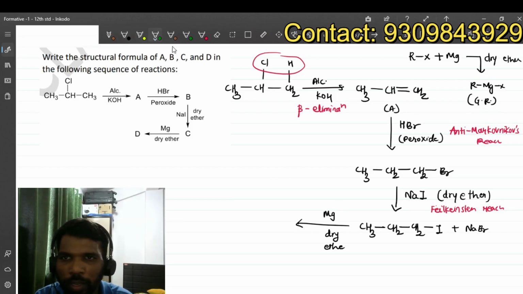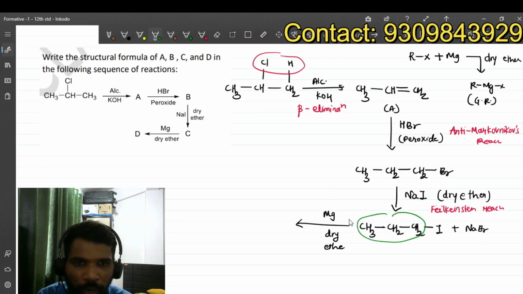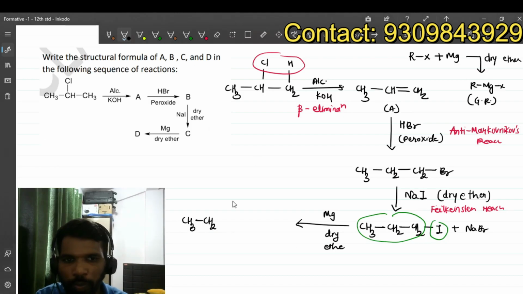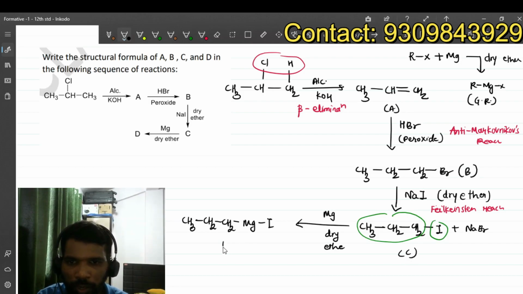This is the R part in the simplest form, this is Mg, and this is X. So the compound you are going to get at the end is CH3, CH2, CH2, MgI. That's it. So this is A, this is B, this is C, and this is D.